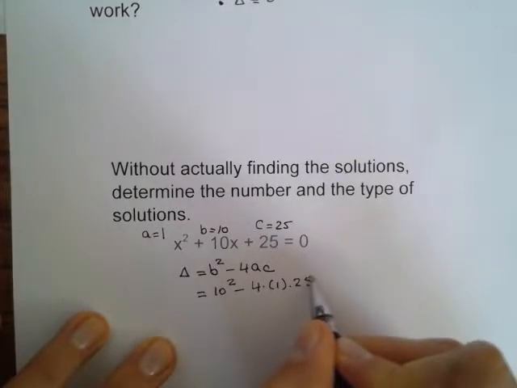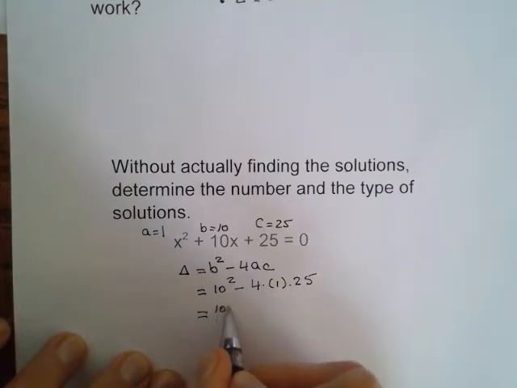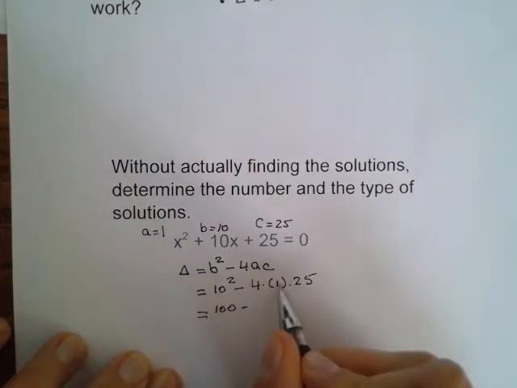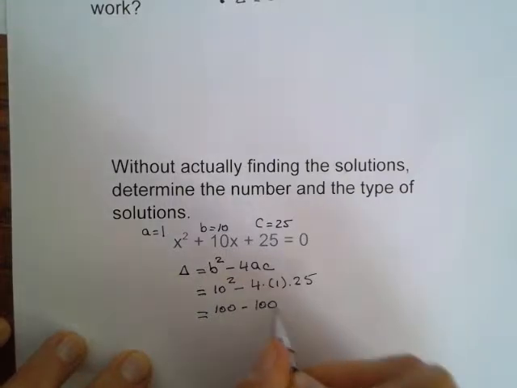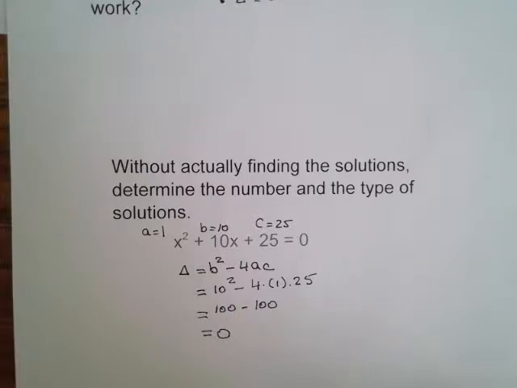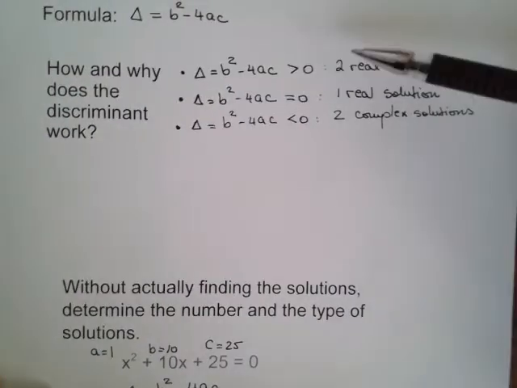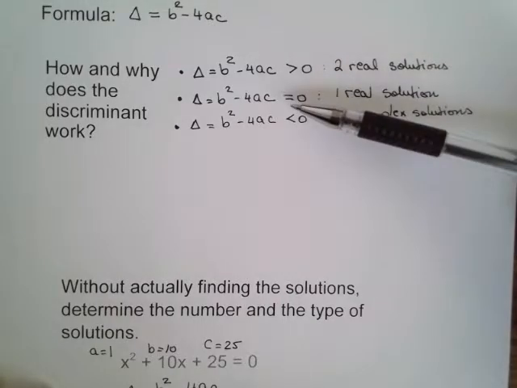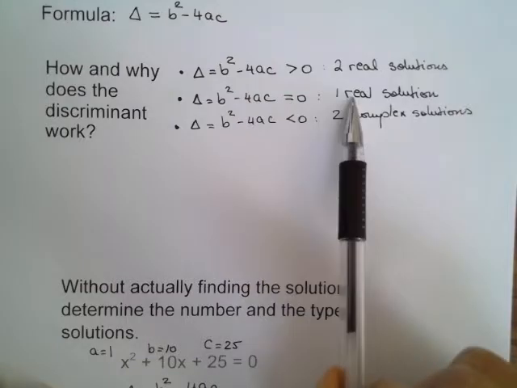So we get 100 minus 4 times 1 is 4, times 25 is 100. So the discriminant is 0. Based on the definition, whenever the discriminant is 0, the quadratic equation is going to have one real solution.